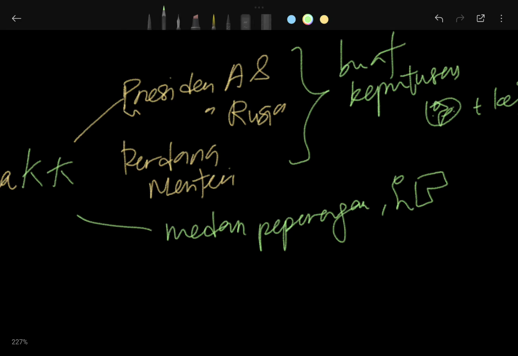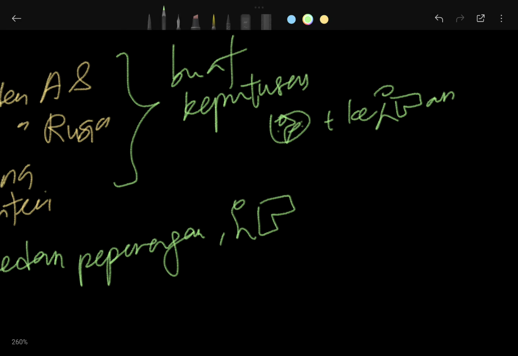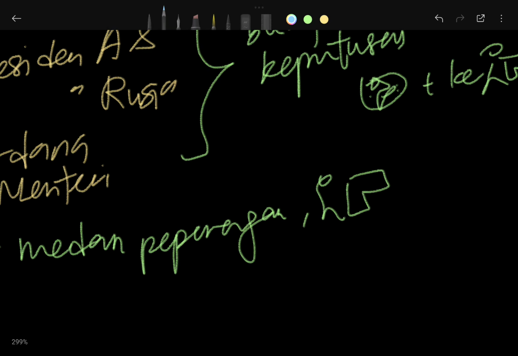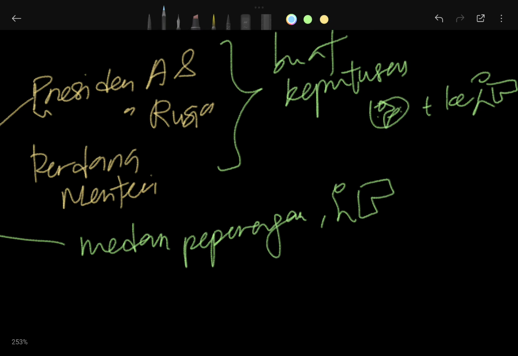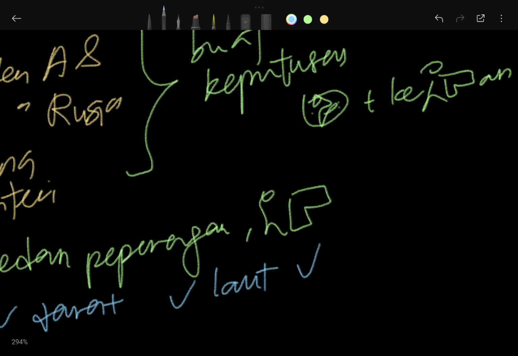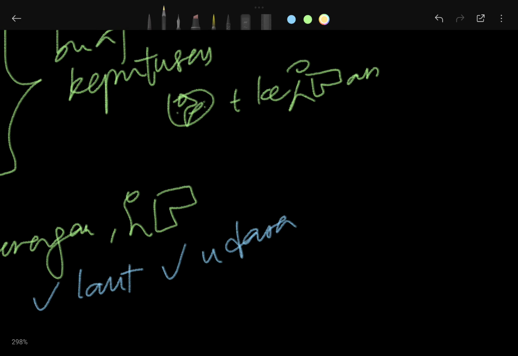Okay, so let me illustrate this somewhere. Here's a blue pen. Okay, so yaitu tentera darat. Darat meaning on land, then you have your laut, and finally your sky, udara, your air force, beroperasi di bawah commander tertinggi.